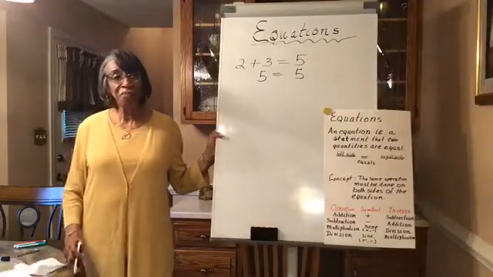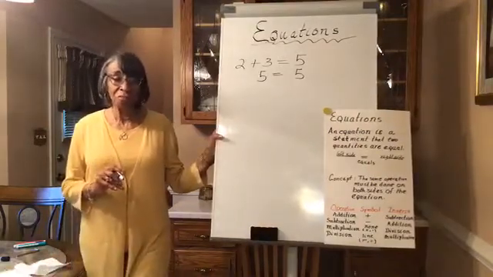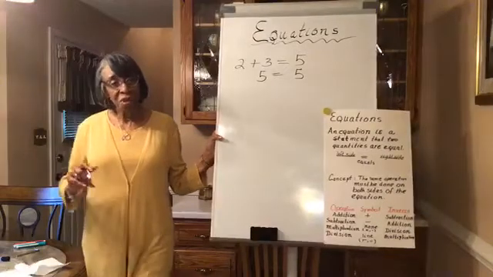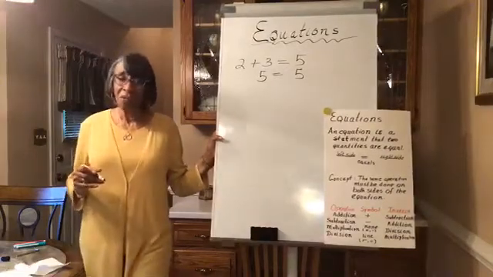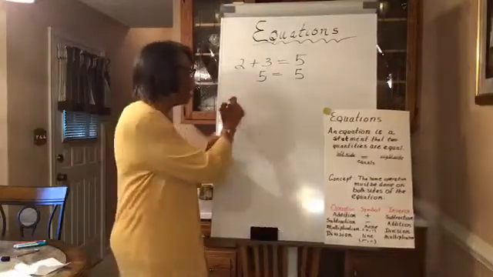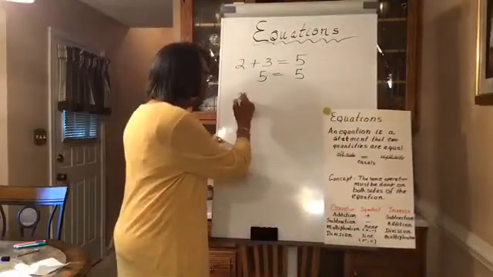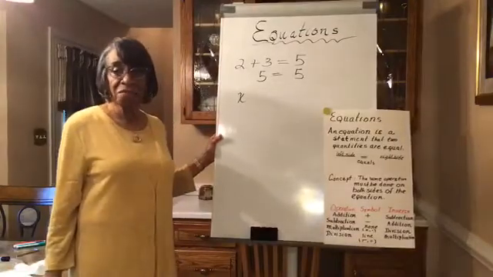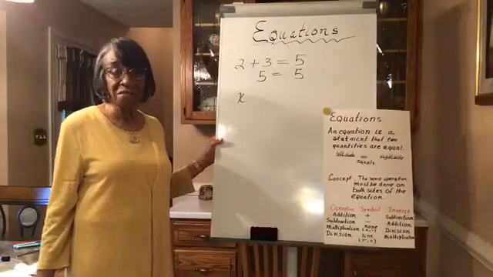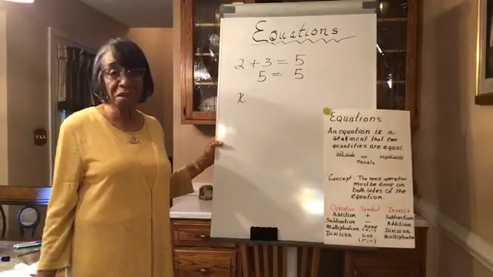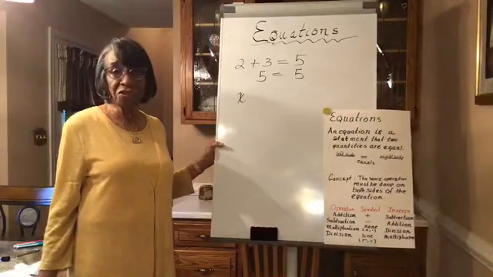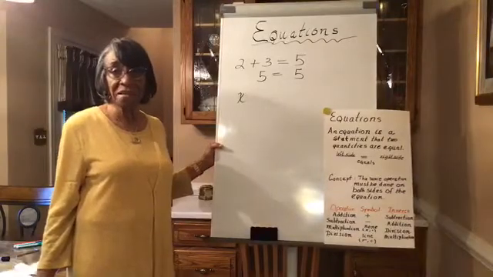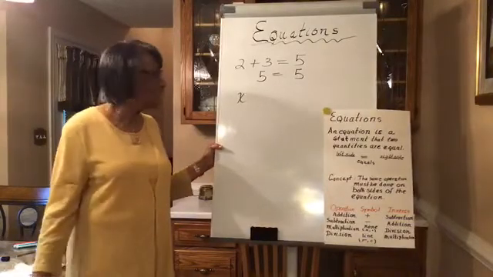All right, today we're going to do one-step algebraic equations. An algebraic equation has a variable in it, like x. We could use any of the alphabets, but a lot of times, x will be used quite a bit. But I want to be sure that you know that you can use any alphabet. It doesn't always have to be x.